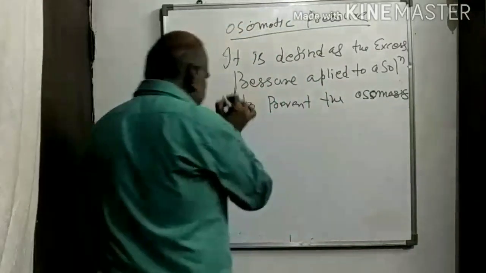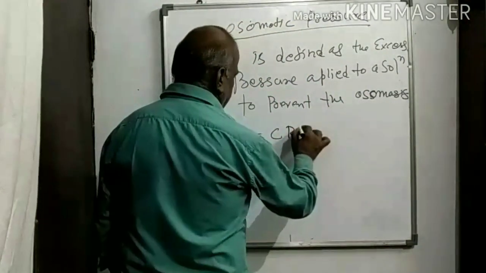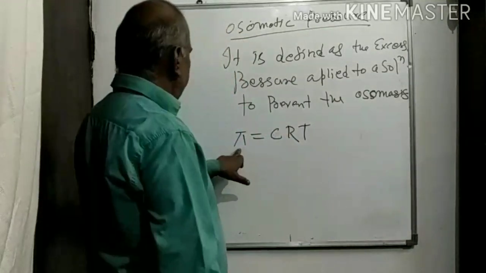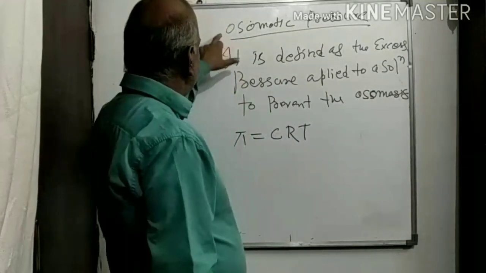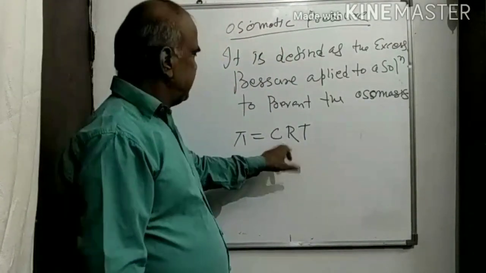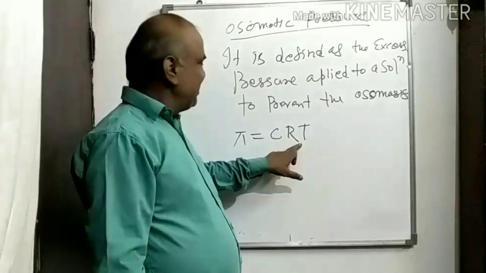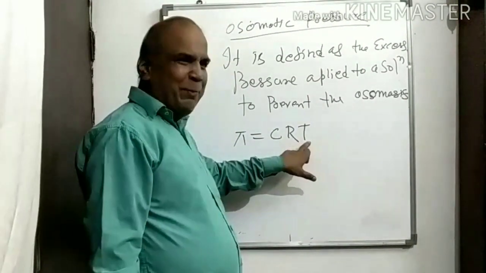Mathematically, it can be written as pi is equal to C into R into T, where pi is the osmotic pressure, C is the concentration, R is the molar gas constant, and T is the temperature.